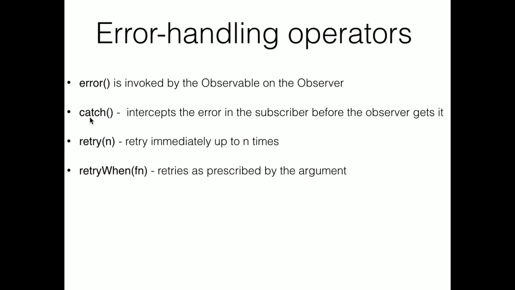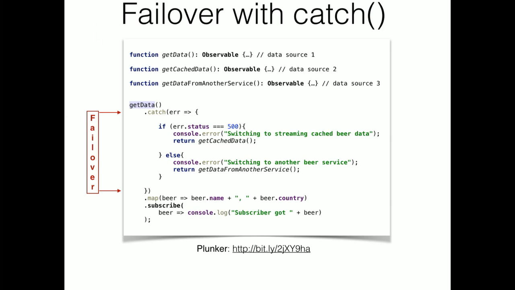So you have a chance to intercept an error and do something so the data flow continues. Or retry. You try to get the data from a stream that is not ready yet. Maybe you want to retry 2 seconds later. You can do that. Or retryWhen. You can write a function that describes your business logic, saying when you want to retry.